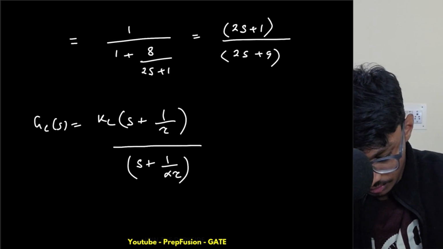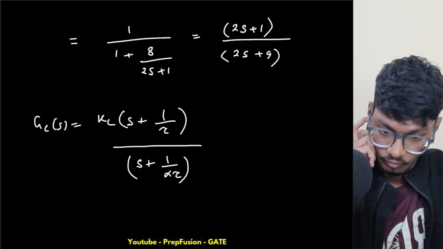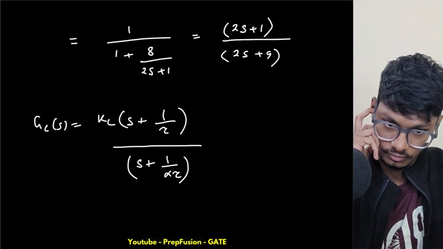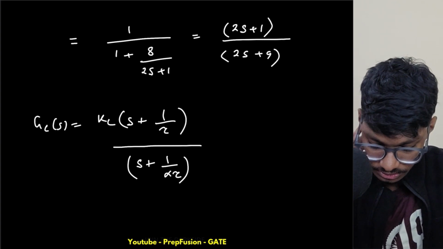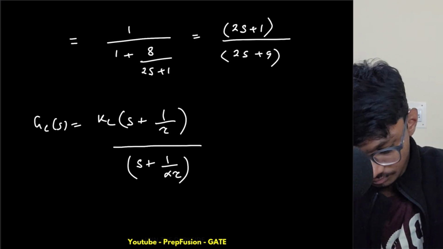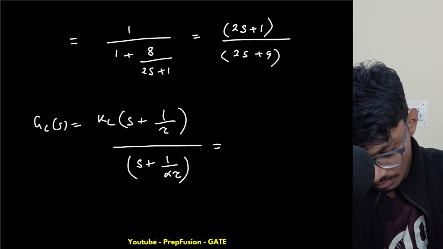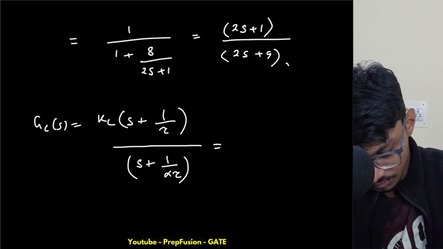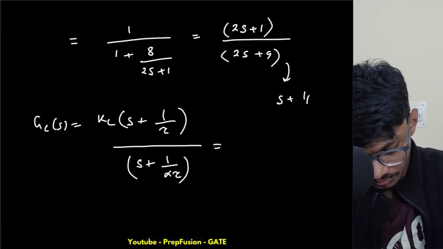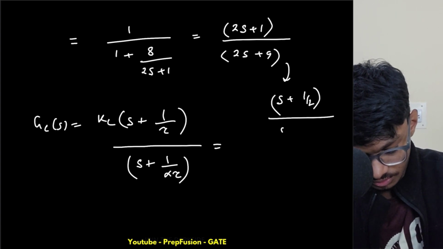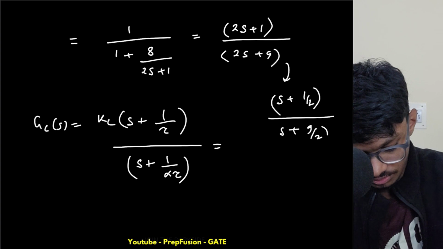We have to make the coefficient of S equal to 1, so I can take 2 common, and this becomes S plus 1 by 2 into S plus 9 by 2.